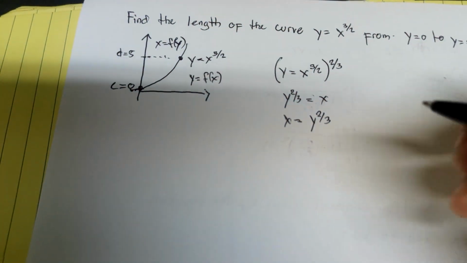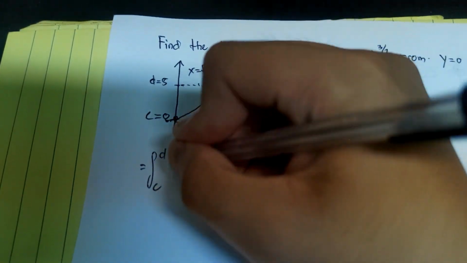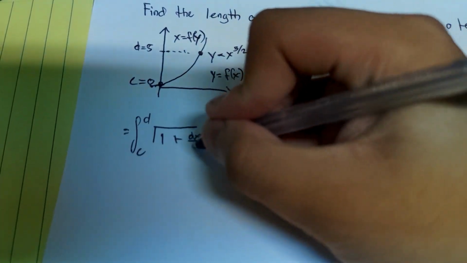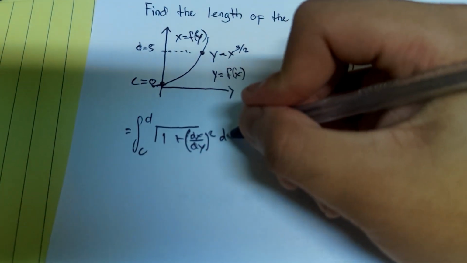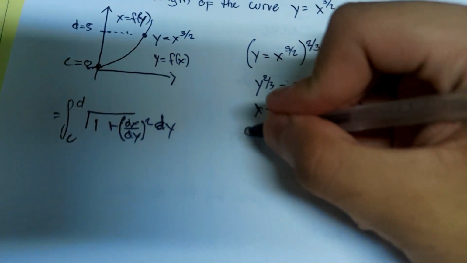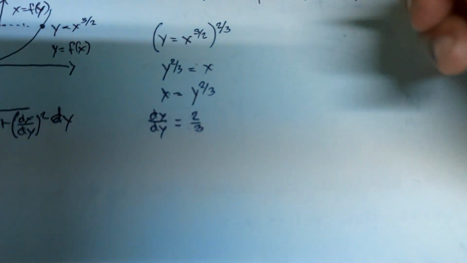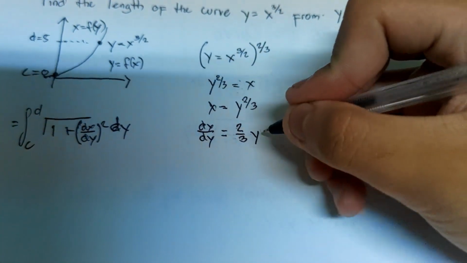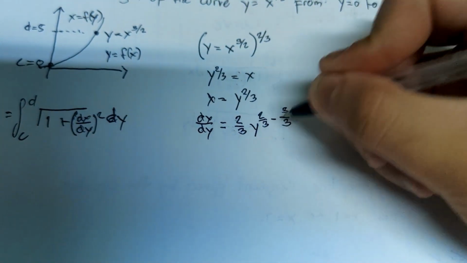The formula we can use here will be the integral of c to d of the square root of 1 plus (dx over dy) squared with respect to y, multiplied by dy. Here our dx over dy will be 2/3 y raised to 2/3 minus 3 over 3.